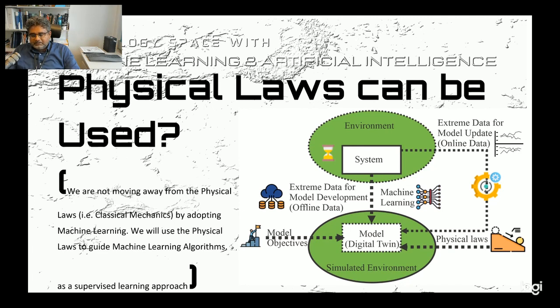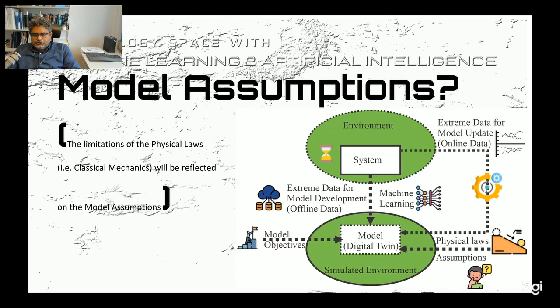That way you can think of this machine learning approach with domain knowledge as being like a supervised learning approach. In general, the limitations of the physical laws or classical mechanics will be reflected in the model assumptions.